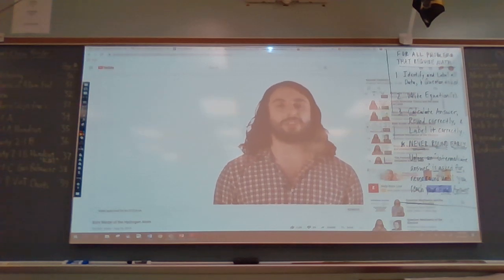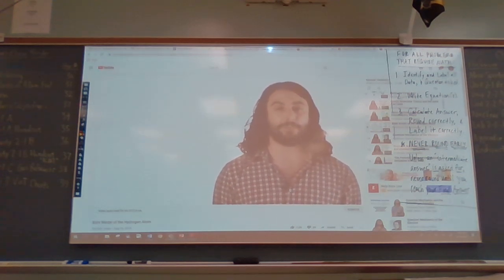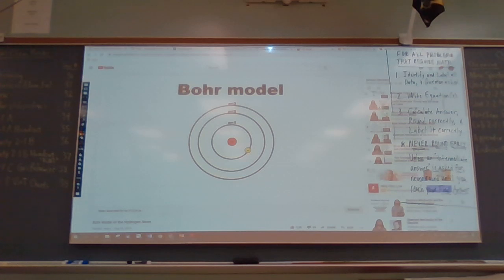Bohr answered these questions with his model of the hydrogen atom. He extended the idea of energy quantization and said that the potential energy of the electron in a hydrogen atom is also quantized. This means that an electron can't have any imaginable energy, but can only inhabit certain energy levels that are at fixed distances from the nucleus.